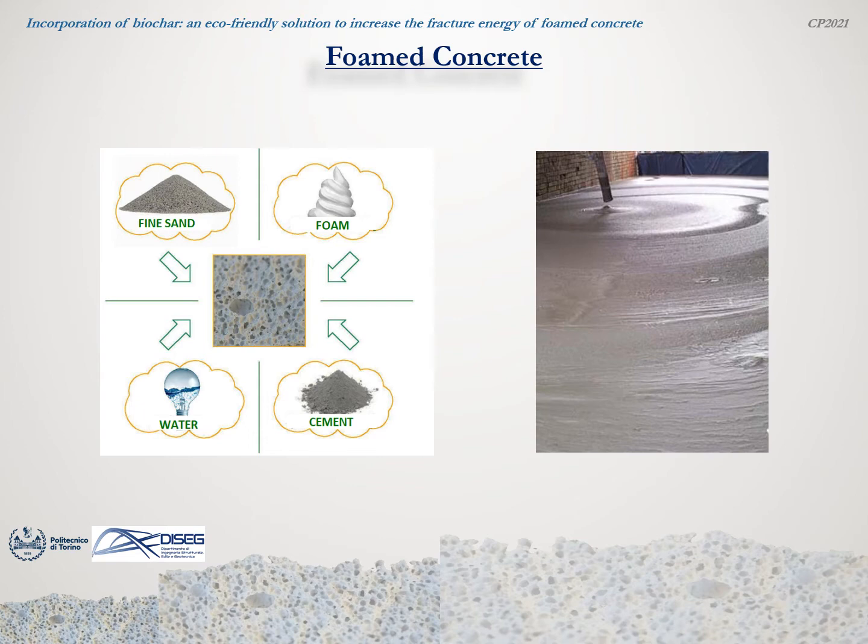In fact, as illustrated on the slide, elements forming foamed concrete are cement, water, stable foam, fine sand, and, if necessary, additives. These elements are simple, cheap, and easily available, and this allows this material to be very convenient from an economic point of view.